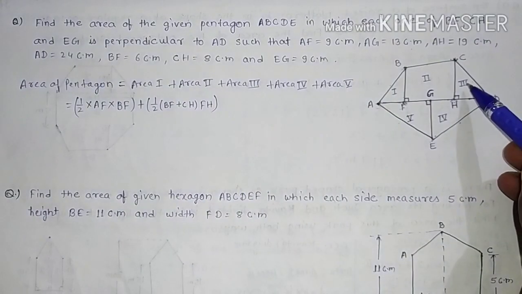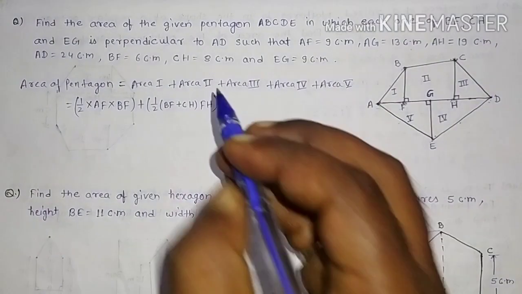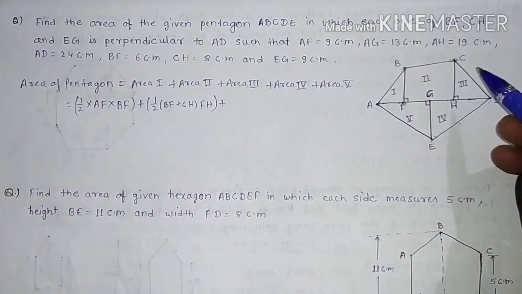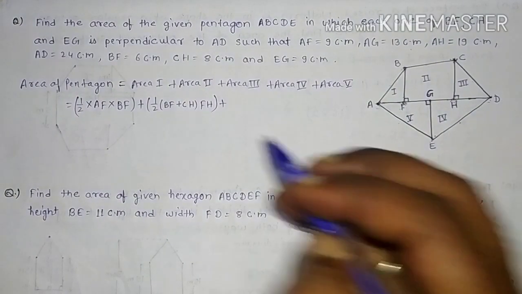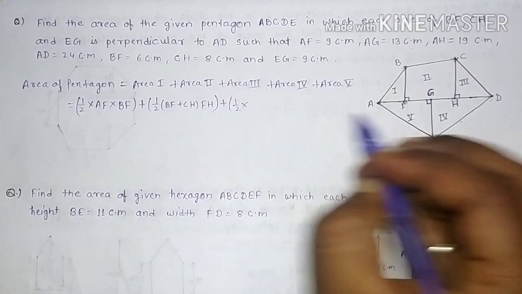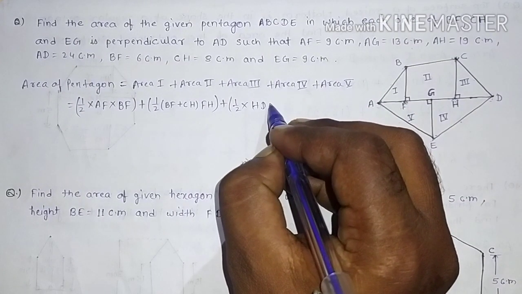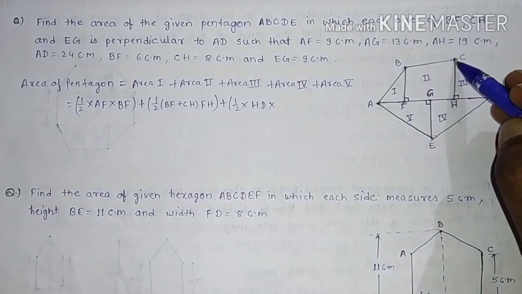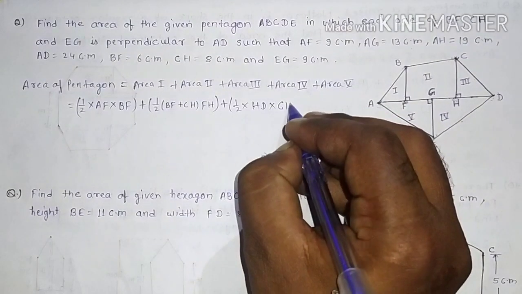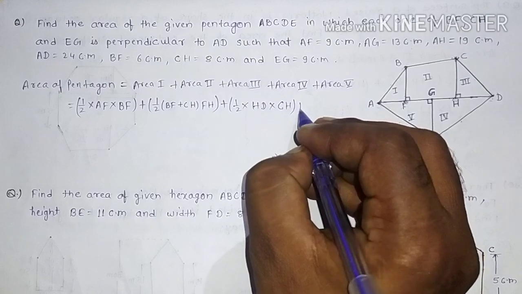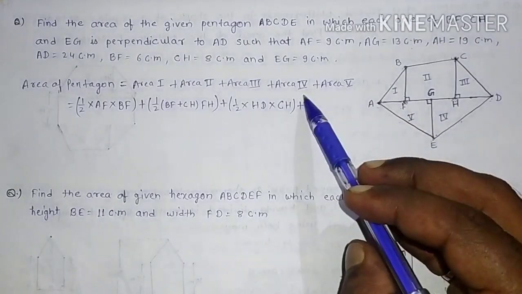Now the area of the third section will be, this is in the shape of triangle CHD. So half into base is HD into height is CH, plus area of 4 and 5.